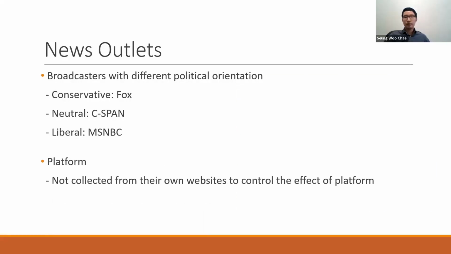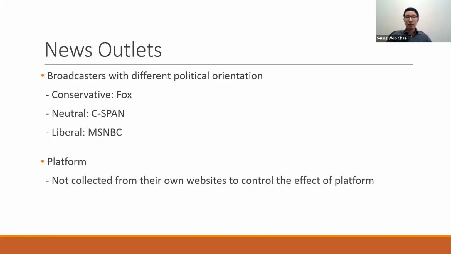The 3 news videos about this poem reading were drawn from 3 broadcasters, each of which represents a different political orientation. For conservative, Fox was selected; neutral, C-SPAN; for liberal, MSNBC was selected. I know some of you could have different suggestions for this, so please share them in the Q&A time.